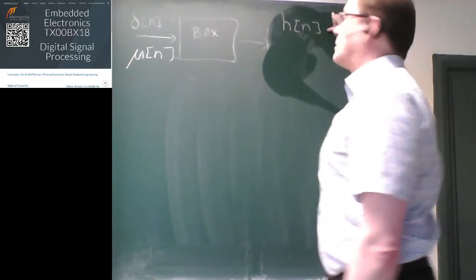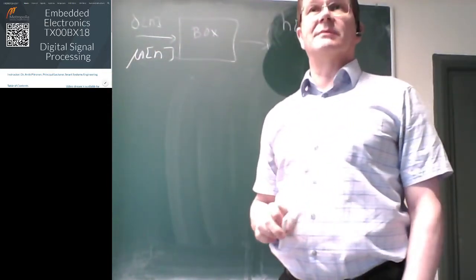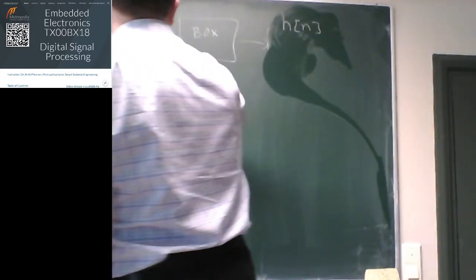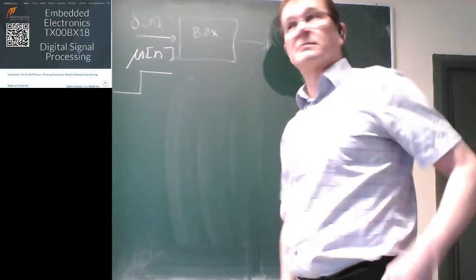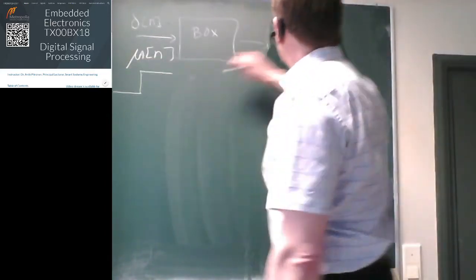On the digital domain, the impulse response already tells you everything. But on the analog domain, the step response is what you can actually generate. That's the Heaviside function, which is also used to test analog systems.